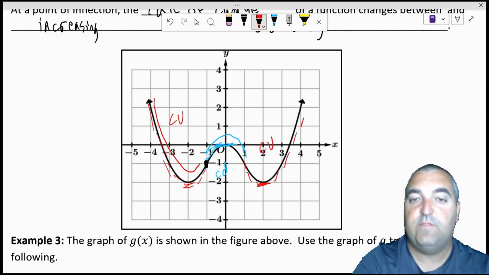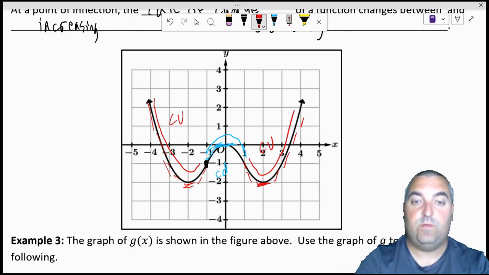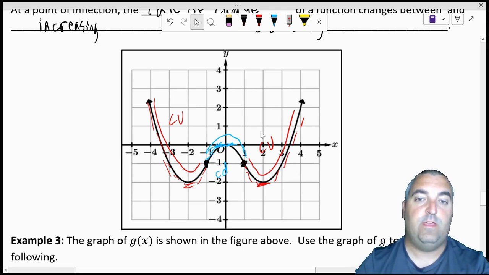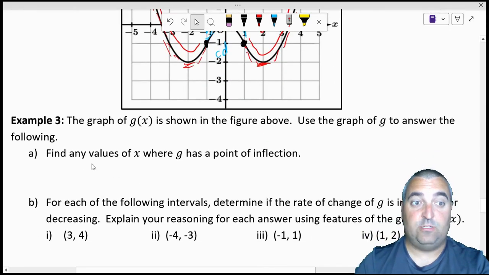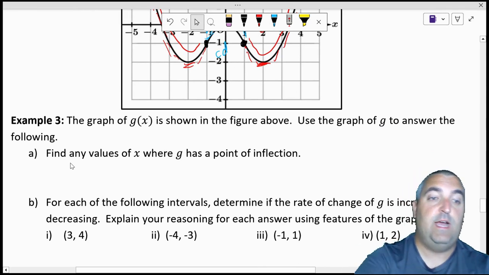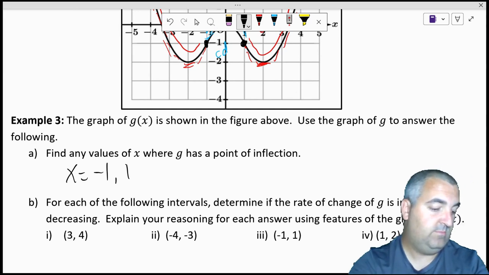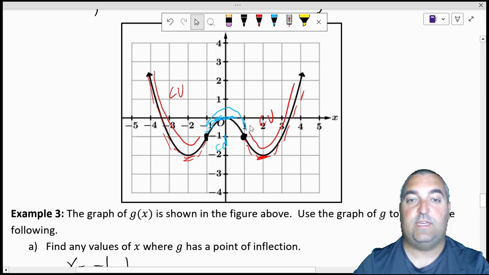So we have another concave up section right here, which means we would have another inflection point. I'm going to assume it's a nice point at (1, -1). So to answer part A, any values of x where g has an inflection point, I would say at x equals -1 and +1. It's that idea of going from concave up to concave down, or concave down to concave up.